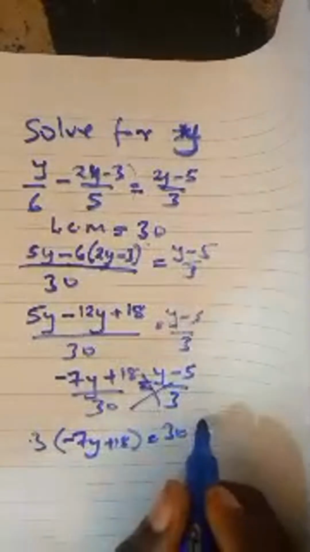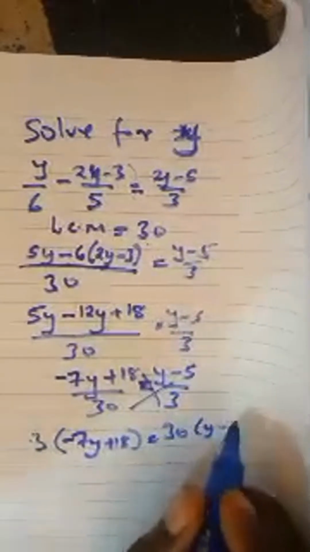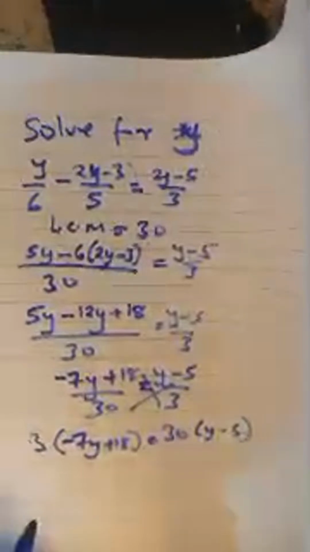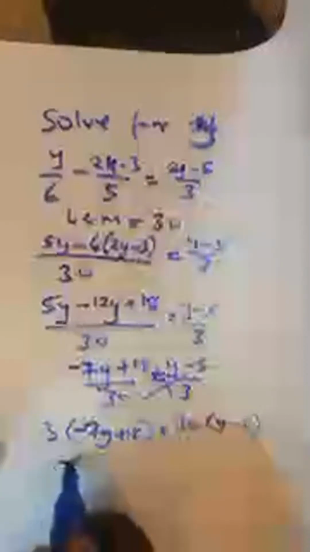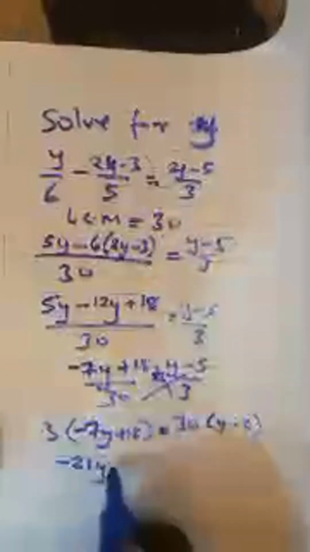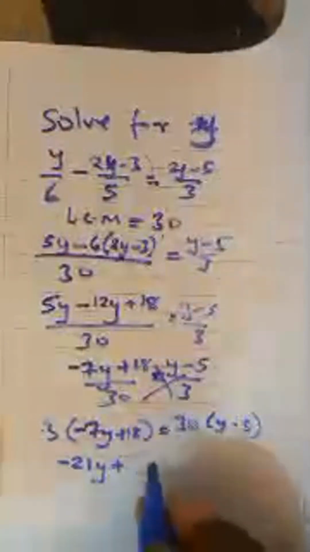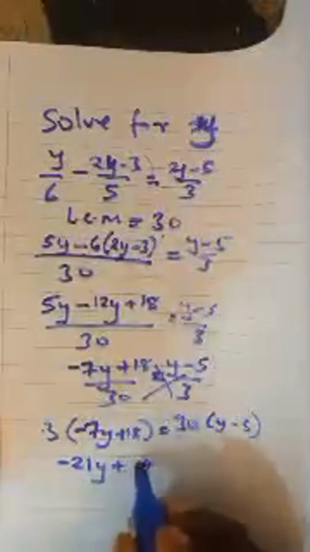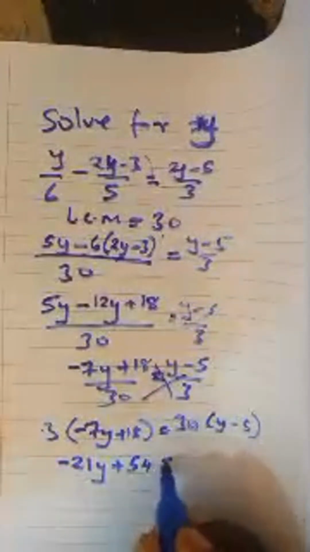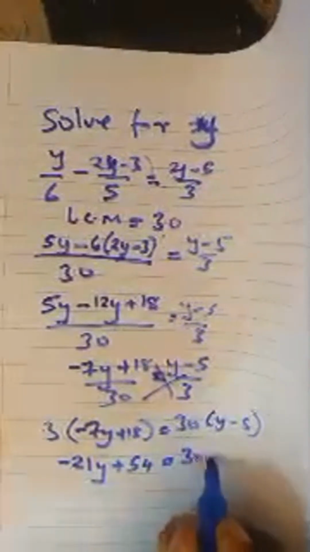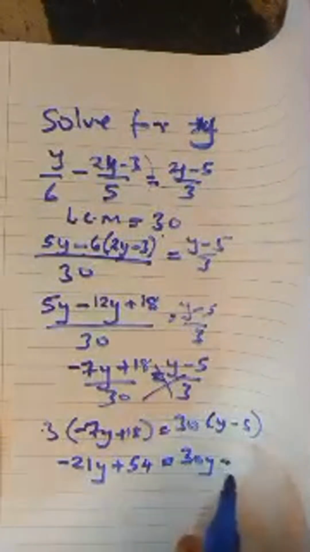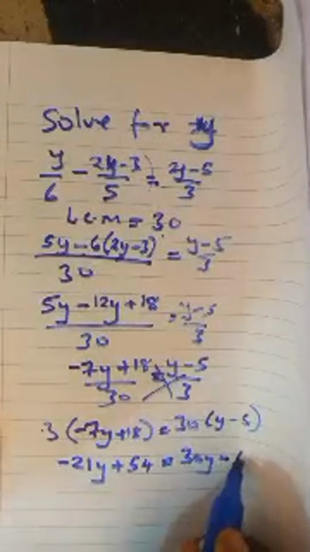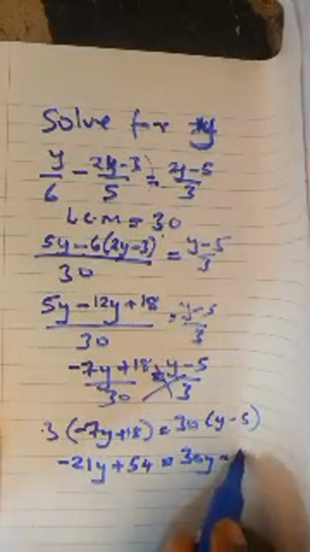30 times (y minus 5), so that is negative 21y plus 54 is equals to 30y minus 150.